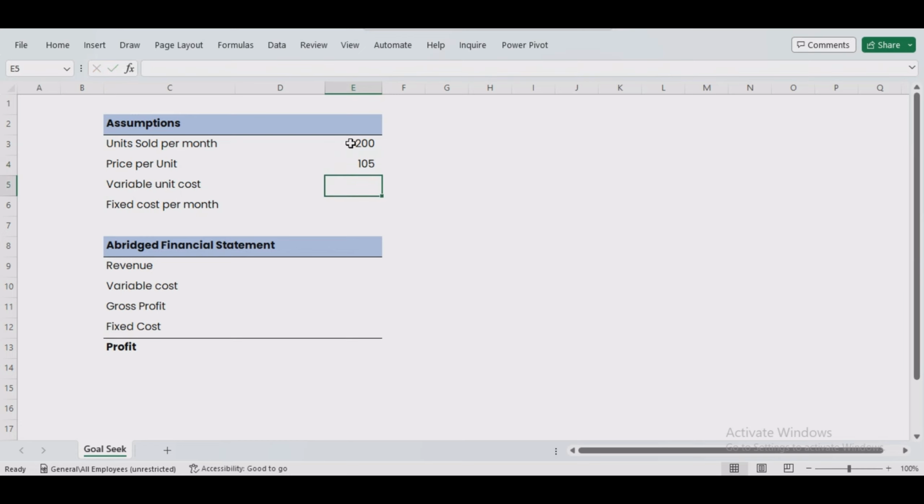Then what is the cost for me to raise one chicken? That's the variable unit cost. Let us say this is 75 kwacha. Then what is the fixed cost? The cost that I incur on a monthly basis to maintain the chicken line, whether I keep 100 chickens or 50 chickens.